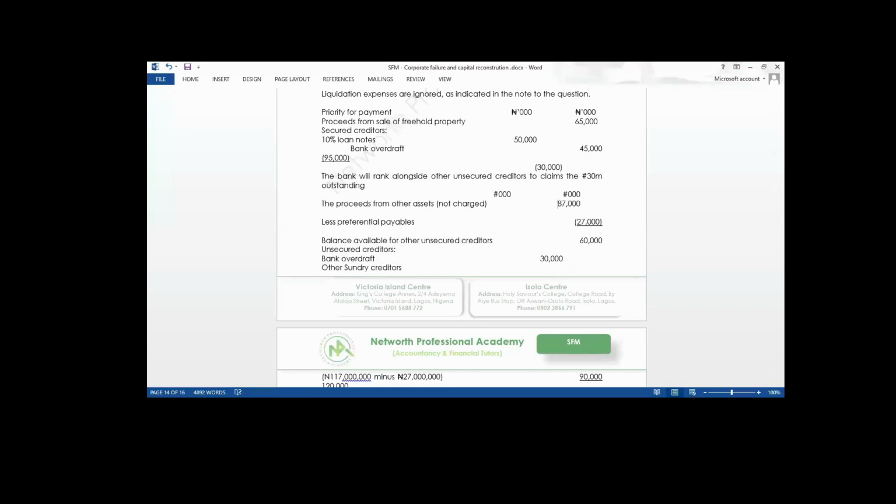What we are trying to do is the order of distribution. The company is assumed to have been liquidated. We have realized money. How do we share the money? Do we have preferential creditors in this question?